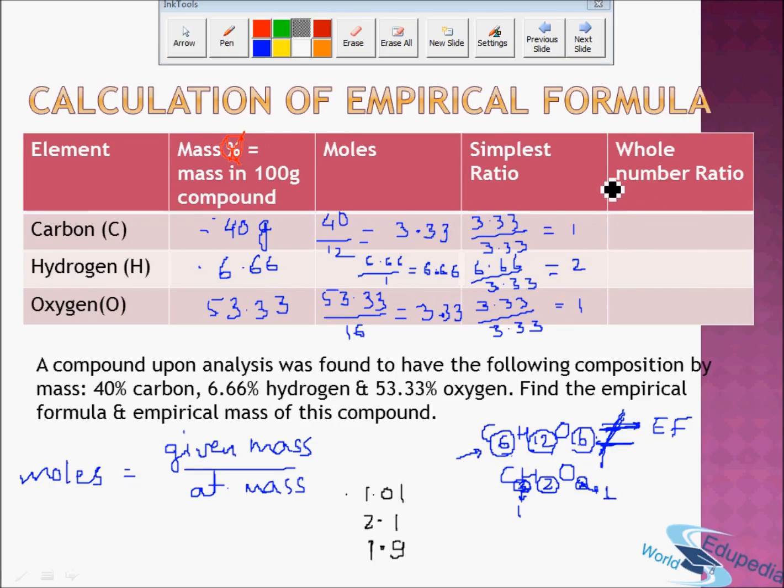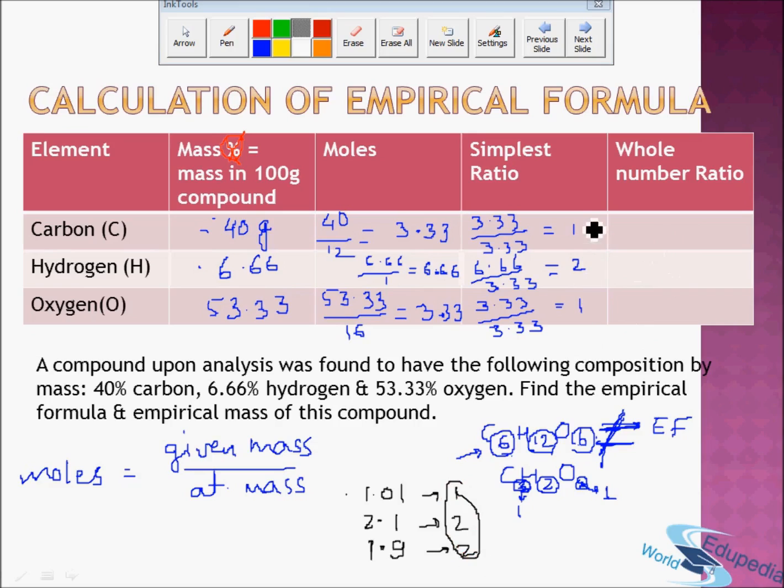So how do we do that? We can round up. For example, 1.01 is quite near to 1, so I can round it to 1. 2.1 is quite near to 2, so I can round it to 2, and 1.9 is again quite near to 2, so I can round it to 2. So now 1, 2, 2 represent whole numbers.